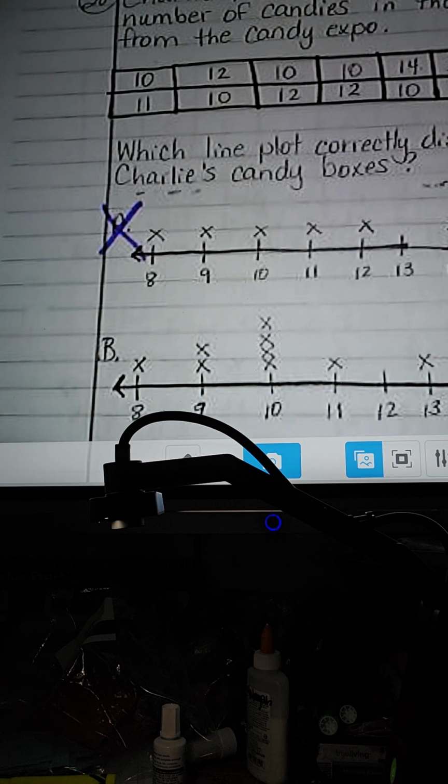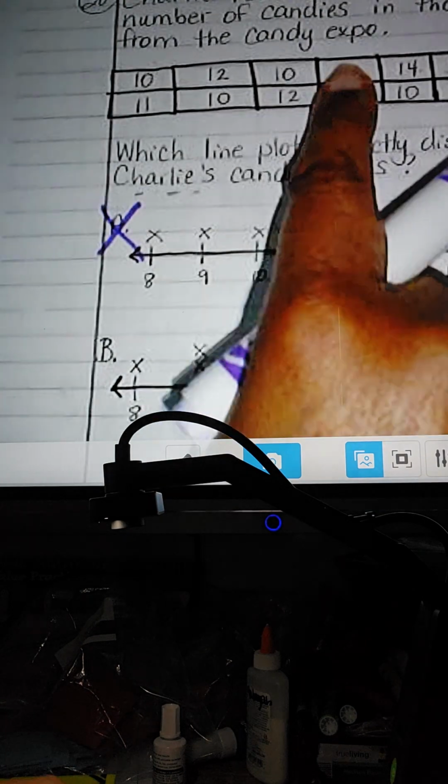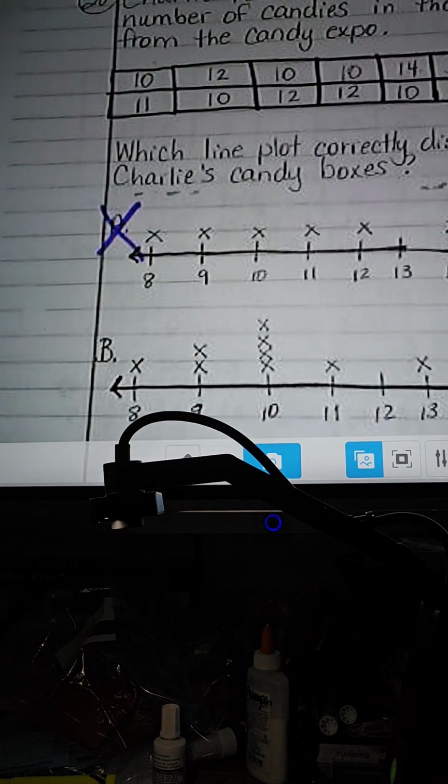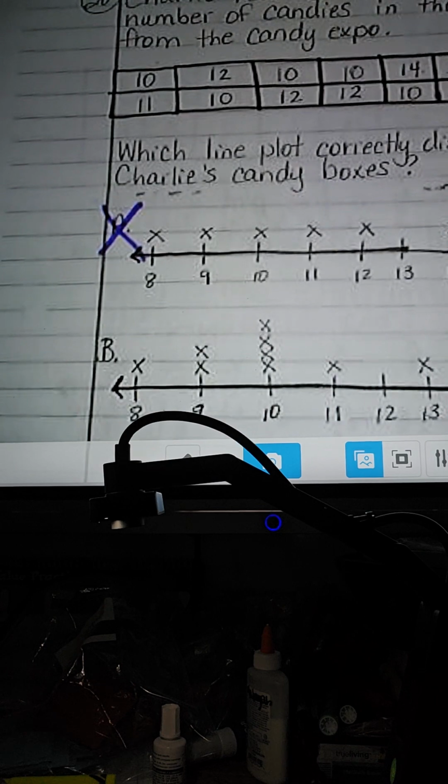The next number is 10. How many 10s do we have in our data? 5. So which one would be correct? B or D? D. Very good. Okay, and we can see that there's 1 11, there's 3 12s, and no 13s and 2 14s.